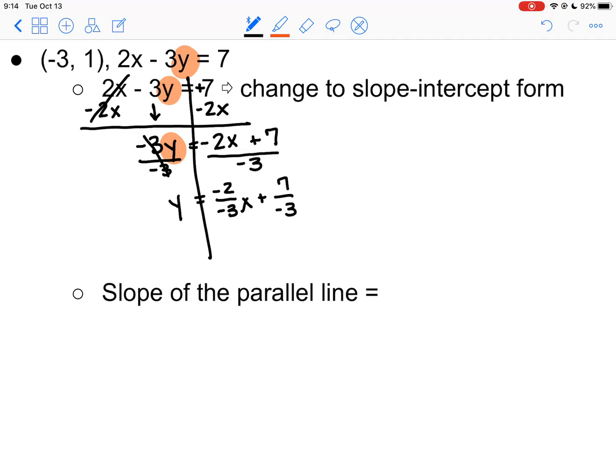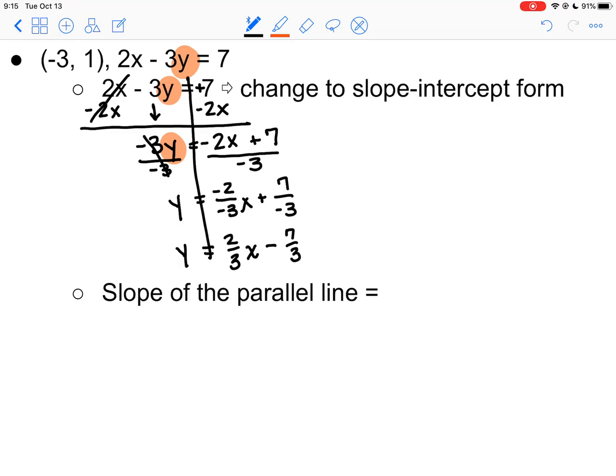If we simplify this, let's check our signs and see if anything will reduce. Negative 2 over negative 3, those are both negative, so that's going to become a positive 2/3 x. And then I have a positive 7 over a negative 3, so that's going to become a negative 7/3. This is still the original line, though.